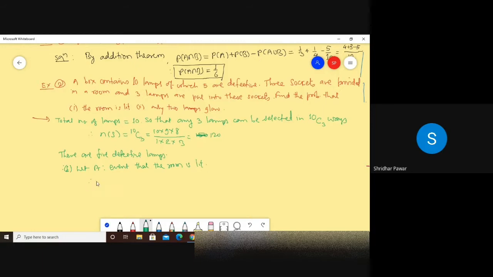Therefore n of A is equal to, so see, you are selecting 3. I will make a correction: suppose there are 4 defective, and hence 6 are non-defective.